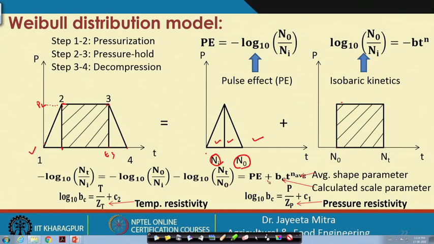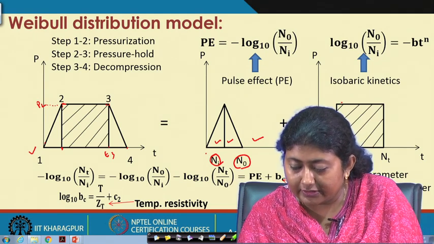So, together we can write Pe plus Bc into T to the power n average, where n average is the average shape parameter and Bc is the calculated scale parameter.